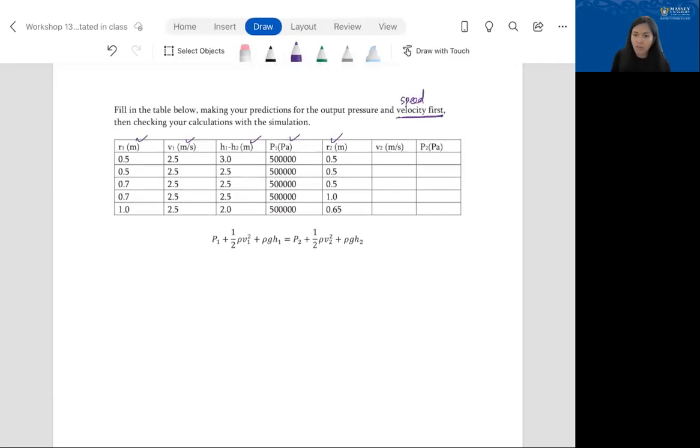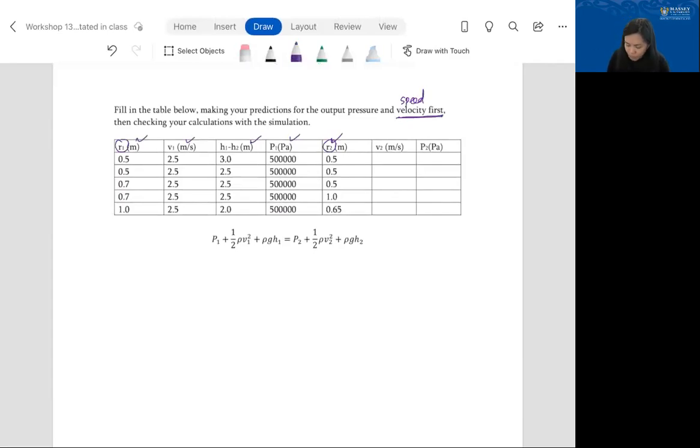So we don't care about the direction. So let's do the speed first. Whenever you just want to find the new speed, looking at when the radius and therefore the cross-sectional area changes, it's just continuity equation, right? So if you're just being asked for the new speed, check first whether you can use continuity equation before going to the more complicated Bernoulli's equation.